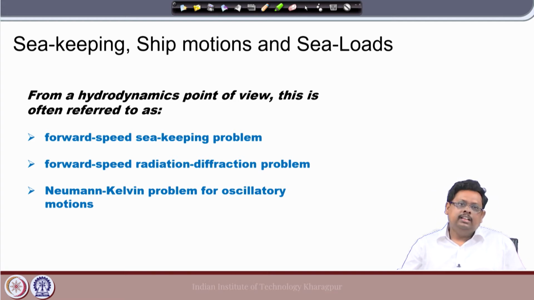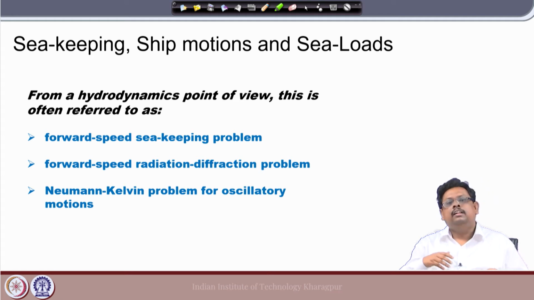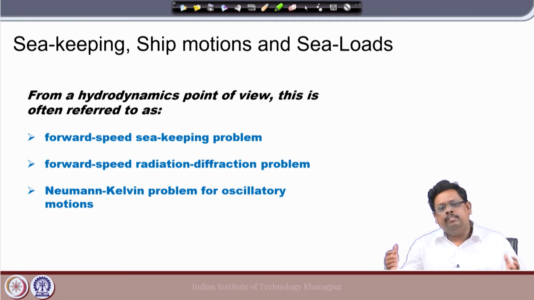From today onwards, the rest of the discussions are based on the method in which the ship is moving at a constant velocity. So it's a forward speed seakeeping problem, and sometimes it is also referred to as a radiation diffraction problem. Why?